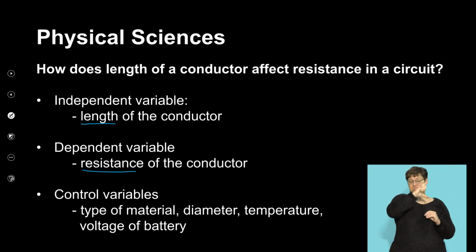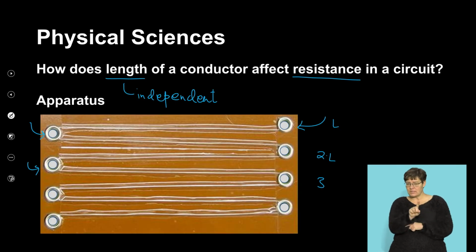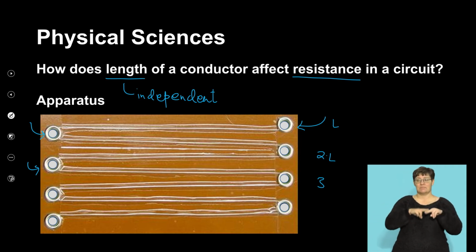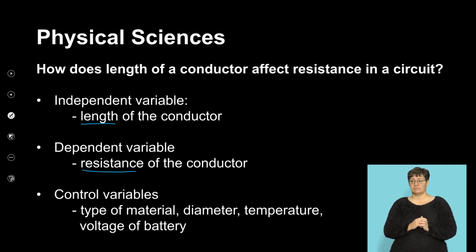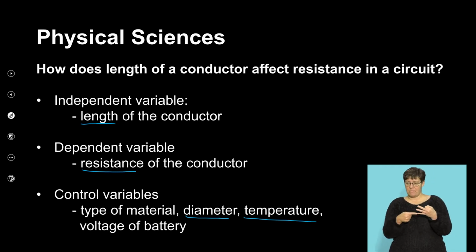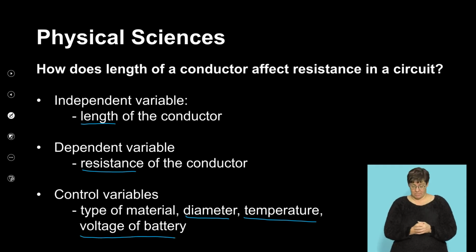Now, what is it that we kept constant? If we go back to the same piece of apparatus, you'd realize that this is the same type of material. Depending on where we put the crocodile clips, it will vary the length. For argument's sake, the diameter is the same. We try to keep the temperature constant, and the source in the circuit with which we connect that piece of apparatus, the voltage, must also be the same.